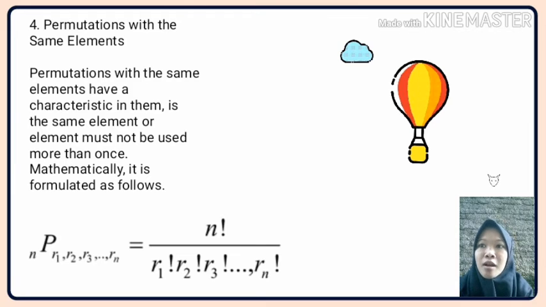Mathematically, it is formulated as follows: nP r1, r2, r3, r4 until rn equals n factorial divided by r1 factorial, r2 factorial, r3 factorial, r4 factorial until rn factorial.